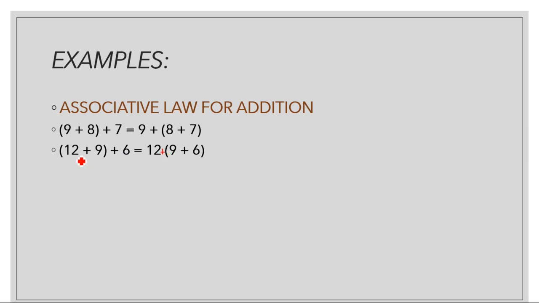Here we have grouped 12 and 9 and here we have grouped 9 and 6. 3 plus 6 plus 4 is equal to 3 plus 6 plus 4. We have just changed the grouping of the numbers and the answers are the same.